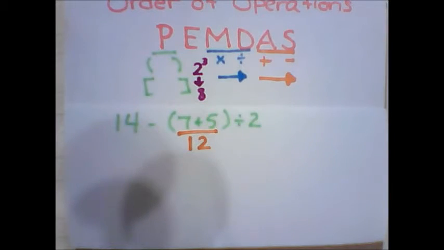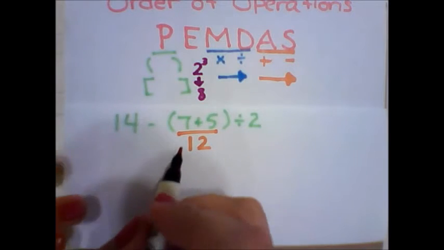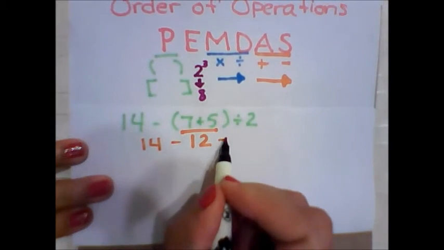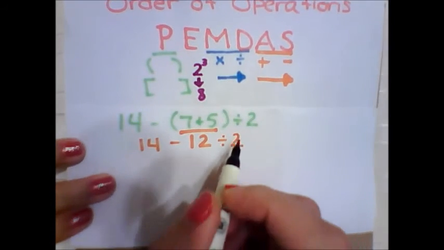It's very important that you copy down everything that's left. I see way too many students not copying things down and thinking they can just keep on going, either from left to right, mental math. It's really, really important to copy everything down. So I'm going to bring down my subtraction symbol, 14, and the division by 2.